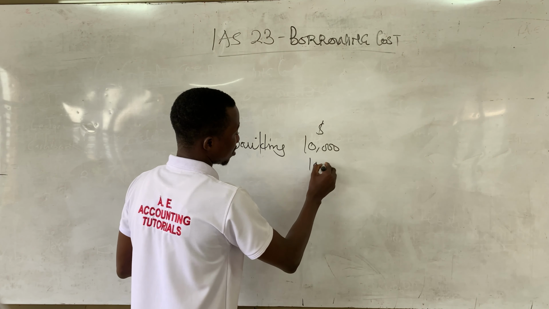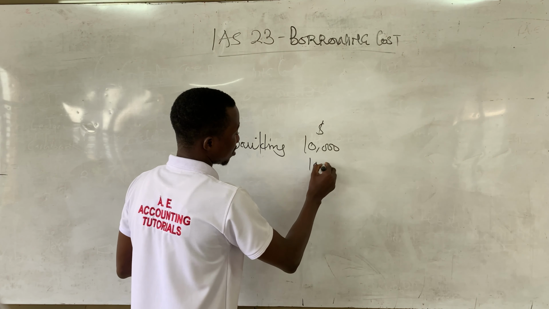The question we are asking ourselves is, are we adding this interest to the cost of the building to make it $11,000 in the statement of financial position, or do we recognize this as an expense in the statement of profit or loss? That is where IAS 23 came in to solve this problem for us.